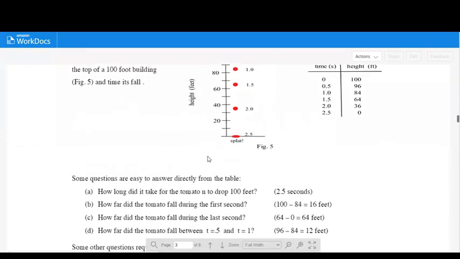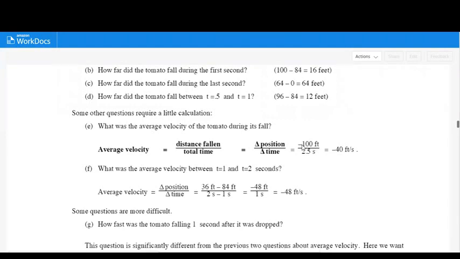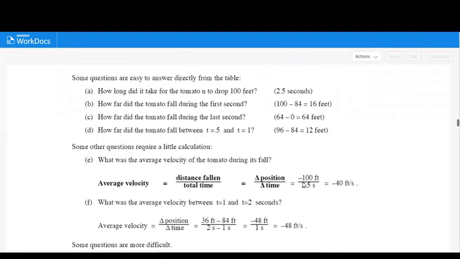So that is 100 feet. So yan. So negative siya, it's because pababa siya. So negative 100 feet all over the total time, which is 2.5 seconds. So if you solve this, then you'll get negative 40 feet per second. So that is the average velocity.